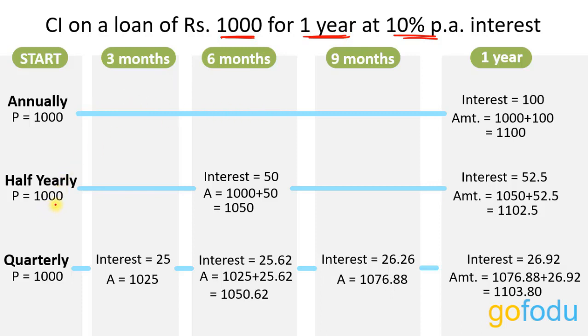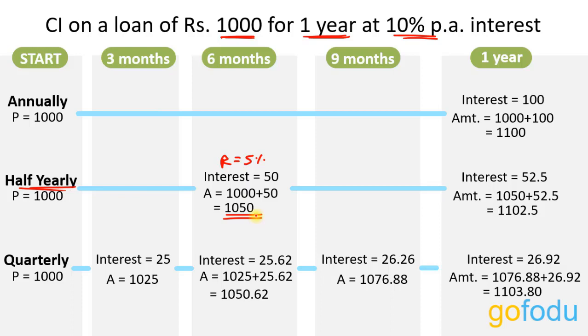In half yearly compounding, after 6 months, the interest will be added to the original principal. After 6 months, compounding will be done. 10% per annum is the interest rate. So for 6 months, the rate of interest would be 5%. 5% of 1000 is 50 rupees, which will be added back to the principal to get the outstanding amount as 1050.